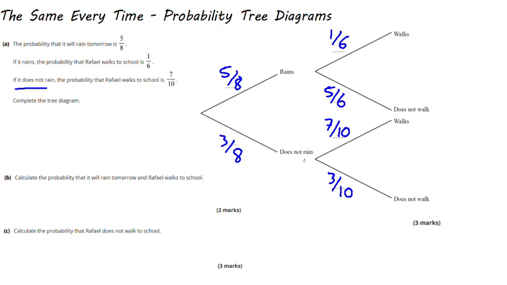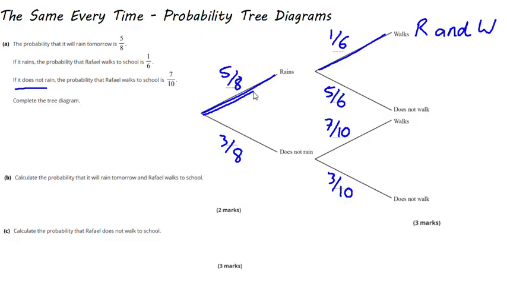And if you've watched the previous videos, you know that at this stage I like to organize my thinking by writing down all of the possible options. So the first thing that can happen, rain and walk. So that's my first option, rain and walk.